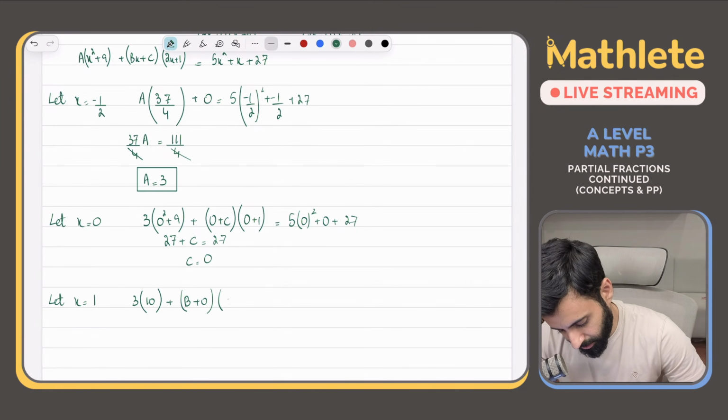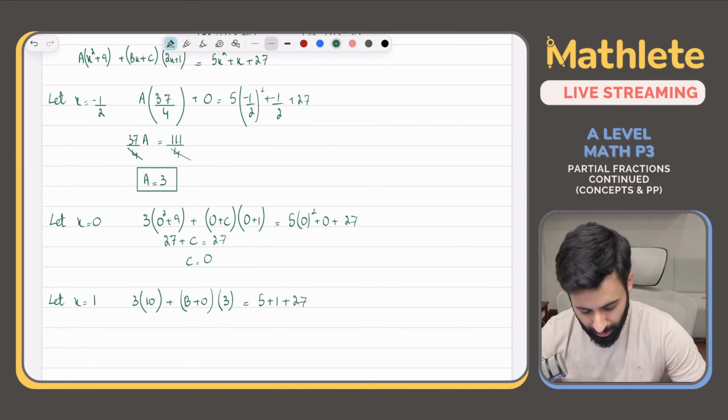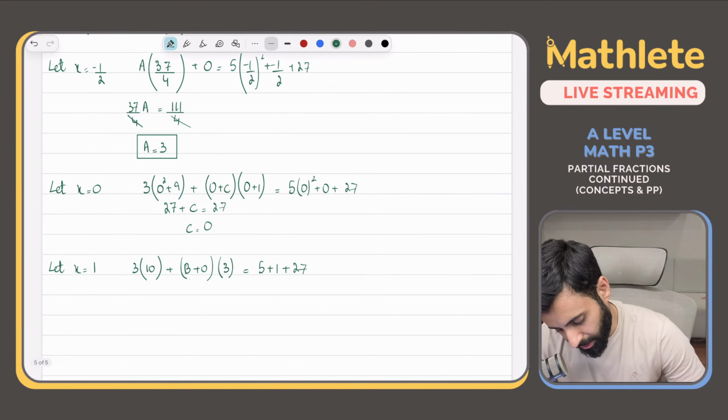And in place of x we have 1, so 2 times 1 is 2, 2 plus 1 is equal to 3. And if I substitute 1, that means 5 plus 1 plus 27. So here's what we get. We get 30 plus 3B equals 27 plus 6, that's 33, which means 3B is equal to 3, and that means B is equal to 1.